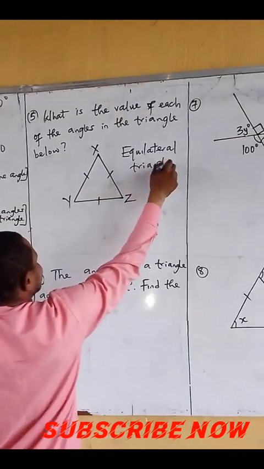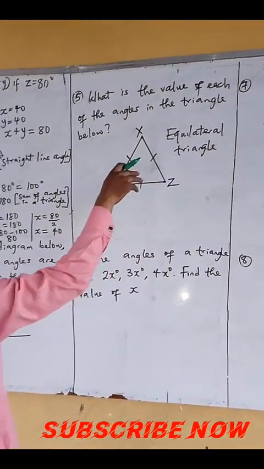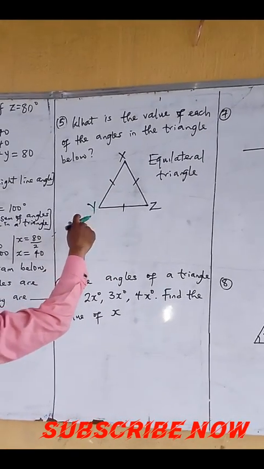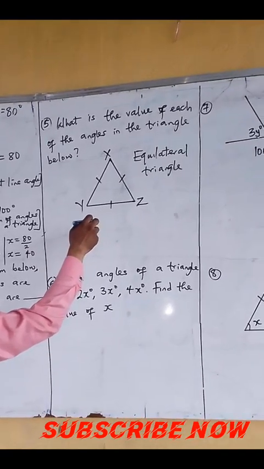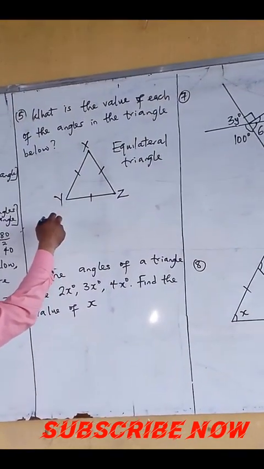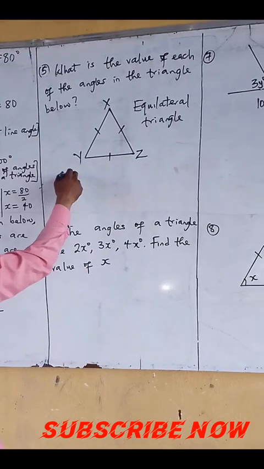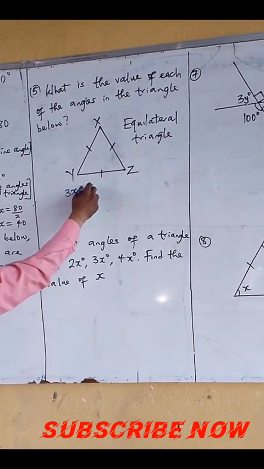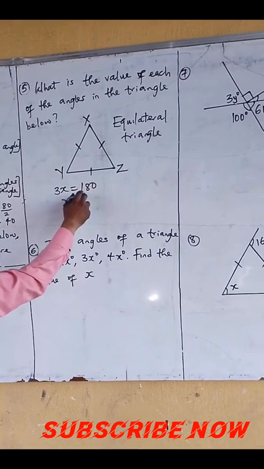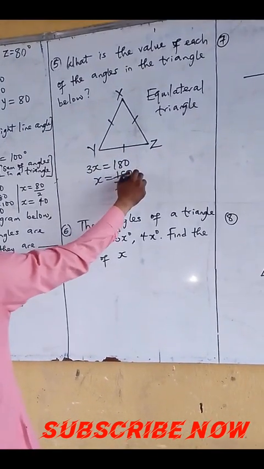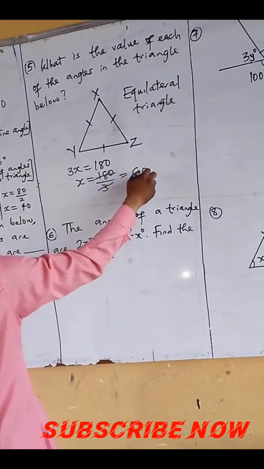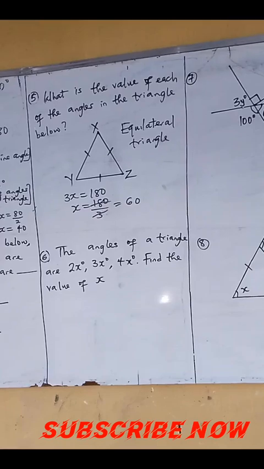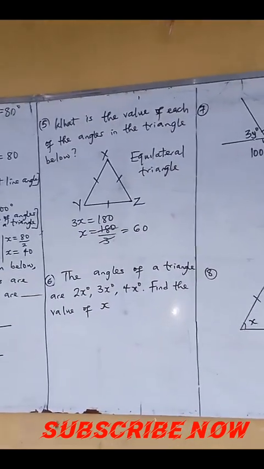Don't forget that in an equilateral triangle, the sides and the angles are equal. So each angle is 60 degrees, because if we have 3 angles, let's name each angle x. So 3x is equal to 180, x is equal to 180 over 3, which gives us 60. So the value of each angle is 60 degrees.